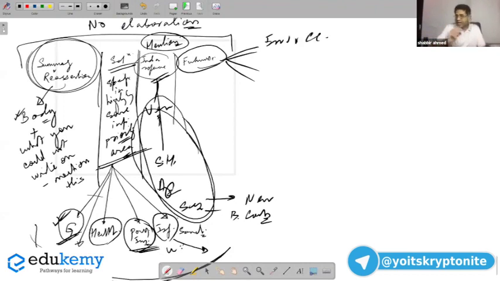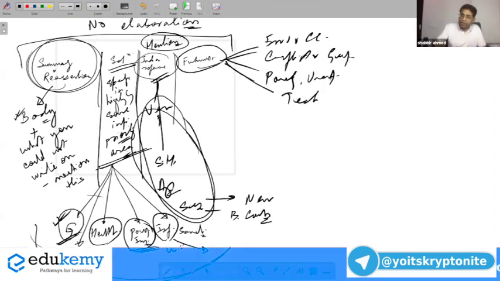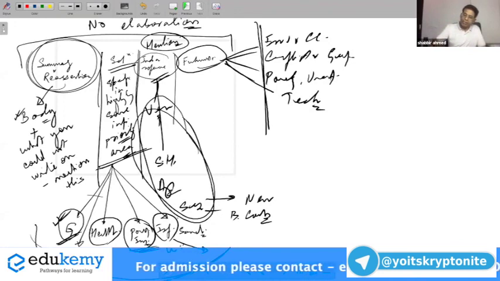You can link anything with conflicts and geopolitical aspects. You can link anything with poverty, unemployment. You can link anything with technology. Whatever topic is asked, with these 4-5 areas you can definitely take the discussion towards the future.